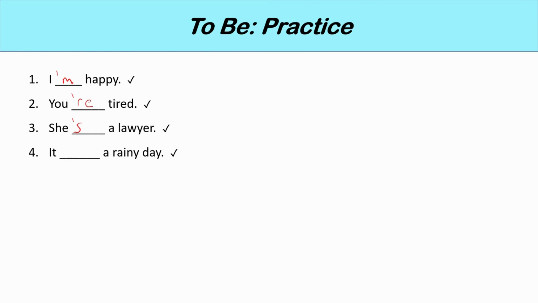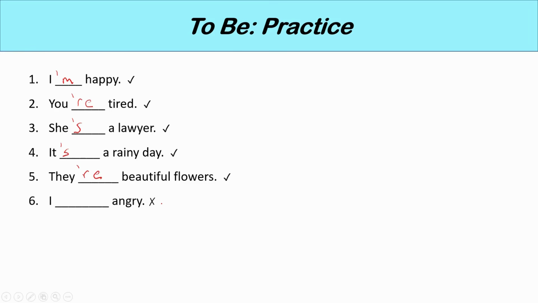Number 4, it a rainy day. The correct answer is it's a rainy day or it is a rainy day. Number 5, they beautiful flowers. The correct answer is they're beautiful flowers or they are beautiful flowers.